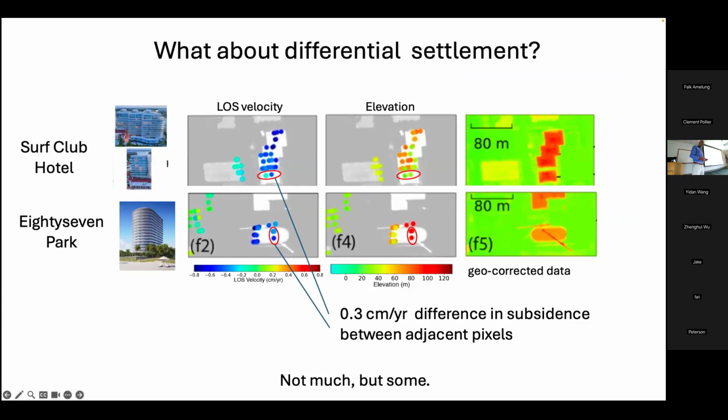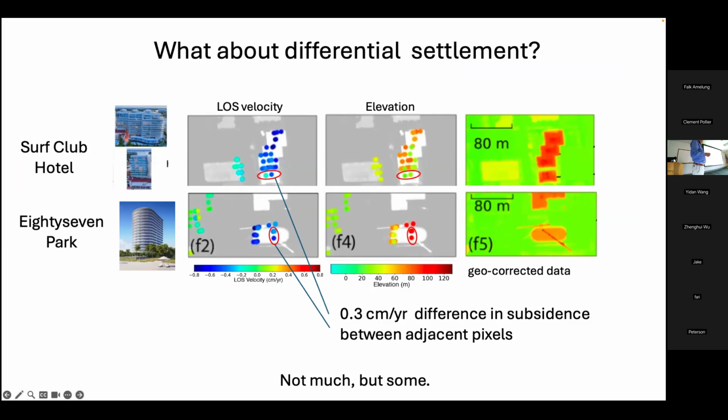And something of concern is differential settlement. Do we have differential settlement? If you have a building going down as an entire building, just like one, it doesn't really matter very much. Differential settlement is what can cause problems. We don't have much differential settlement, but we have a little bit.